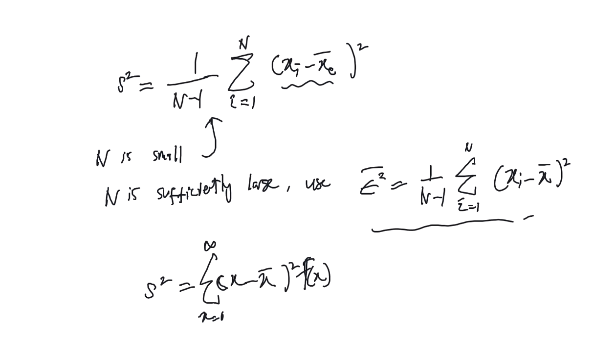So the average of deviation is the first moment of the PDF.